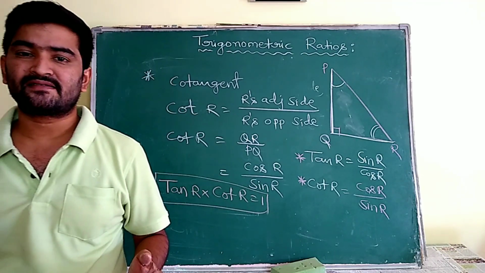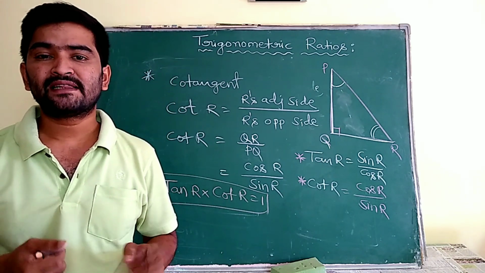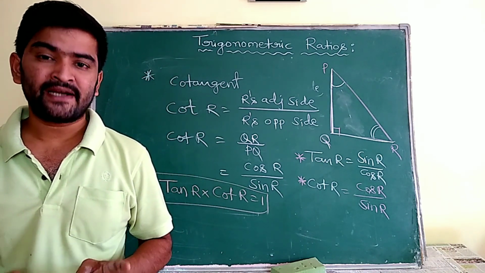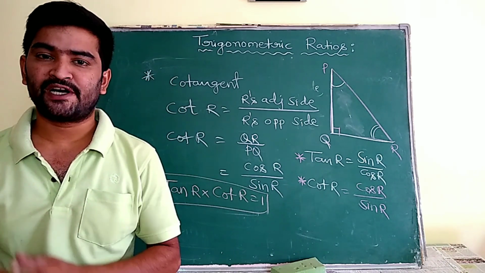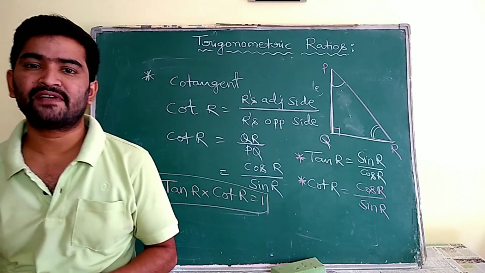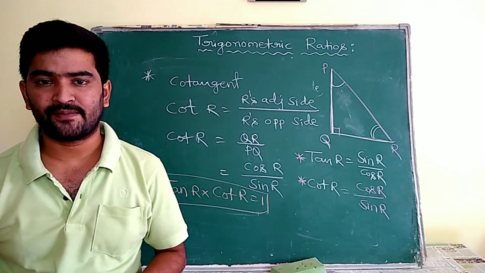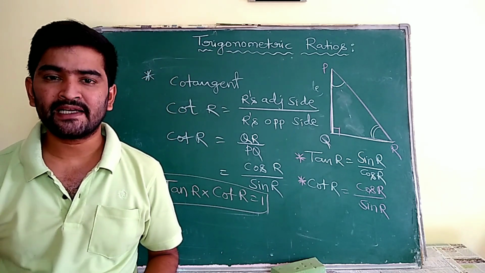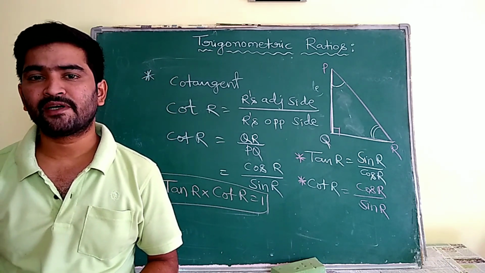We explained these 6 trigonometric ratios in 3 families. This is the main concept for trigonometry. Why? Because to learn English, we have to know the English alphabet. For learning Telugu, we have to know the Telugu alphabet. For learning Hindi, we have to know the Hindi alphabet.